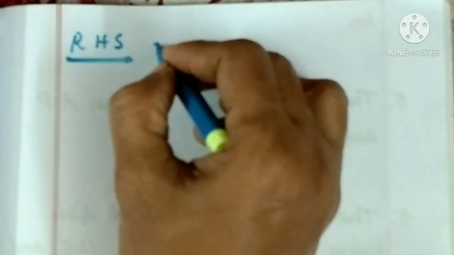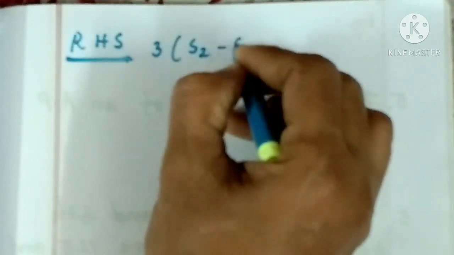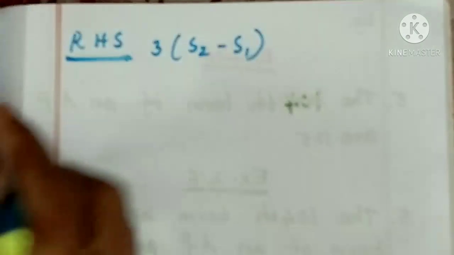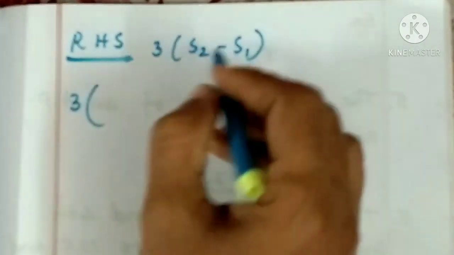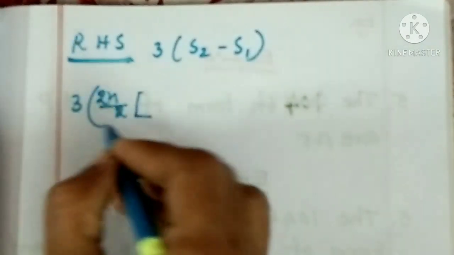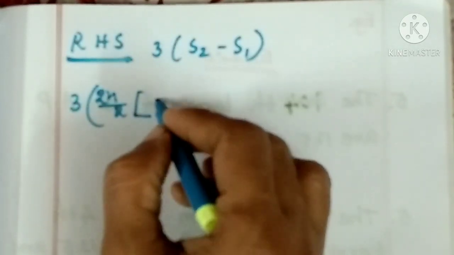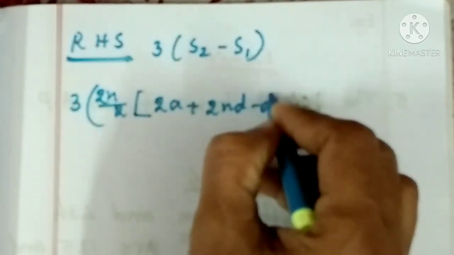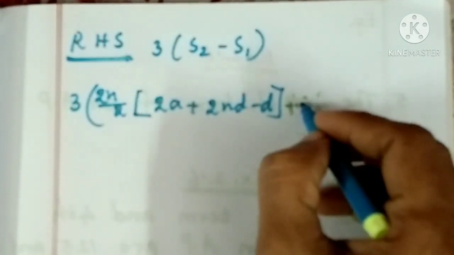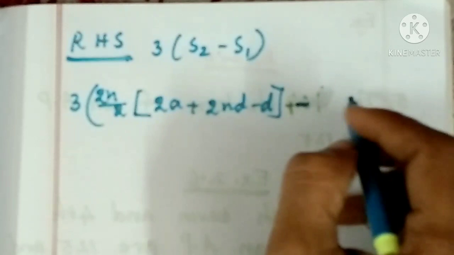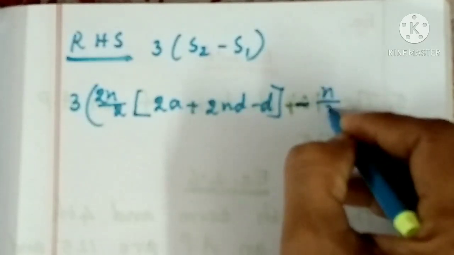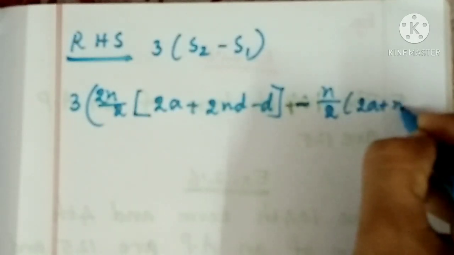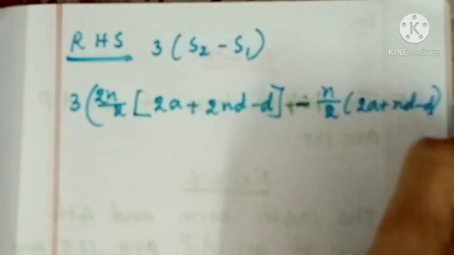Here RHS is 3 into (S2 minus S1). From the first and second equations we have 3 into (S2, 2n/2 into (2a plus 2nd minus d), minus S1, n/2 into (2a plus nd minus d)).